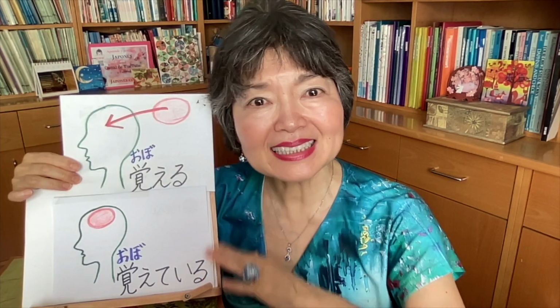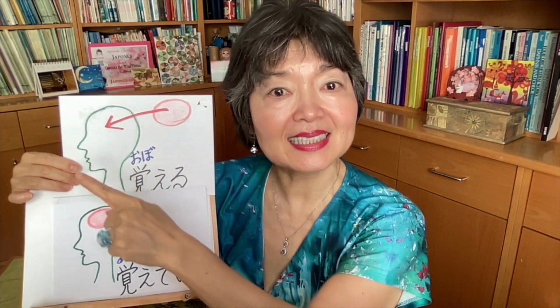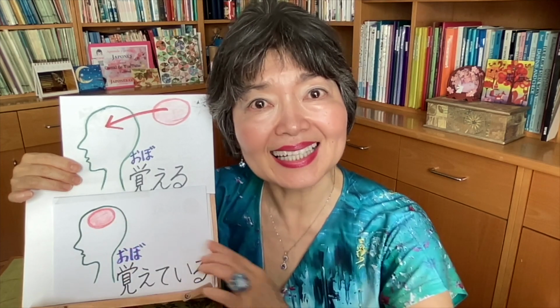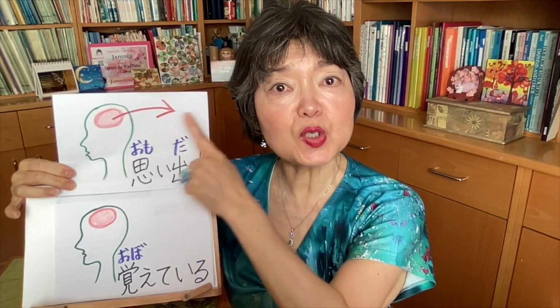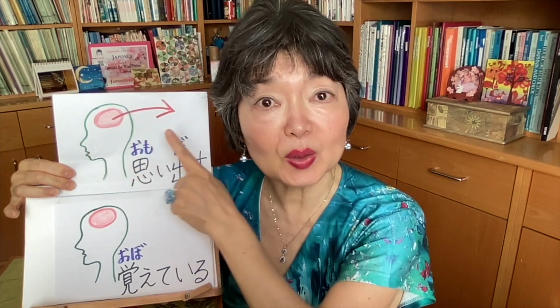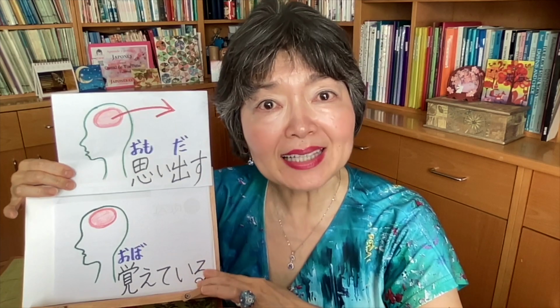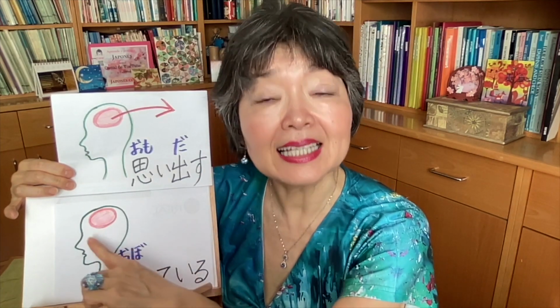You see the difference? 覚える is something you memorize, and 覚えている is you remember in your head. 思い出す is to pull out this emotion or your thought. So 思い出す is remember, and 覚えている is also remember, but it means I retain it in my mind.